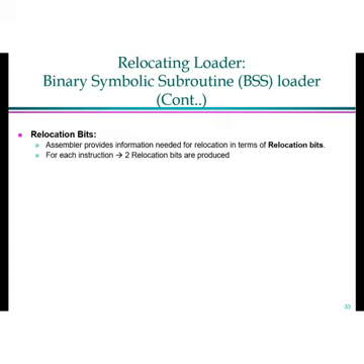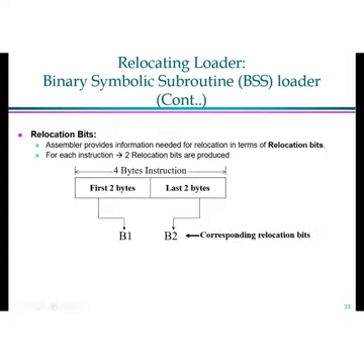Per 2 bytes, 1 bit is allocated. So 4 bytes of instruction are divided in 2 halves of 2 bytes each. The first 2 bytes will be identified by the first relocation bit and the last 2 bytes are identified by the second relocation bit.